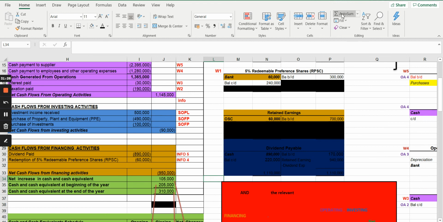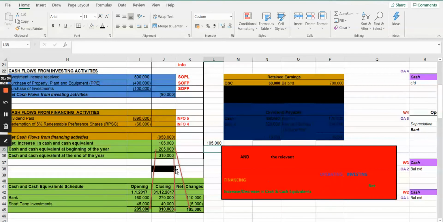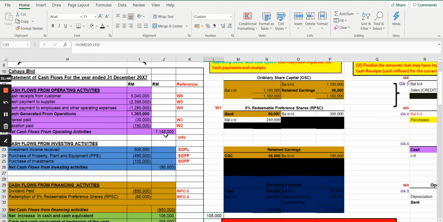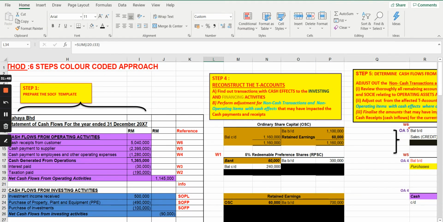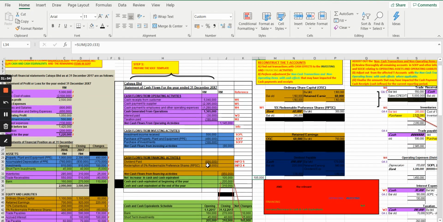You can just do some sum of all this, and it must come back to the figure here. So it is 105. These 105 are from here. So to cross check, what you total up from the 3 activities should come back to the same figure. And with that, you are done with your statement of cash flow using the direct method. And this is how you do it step by step.